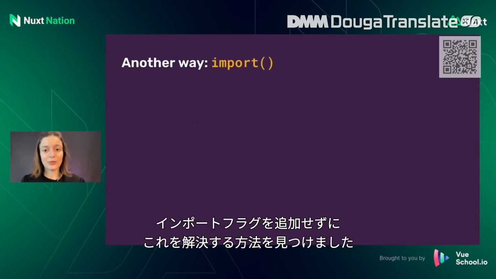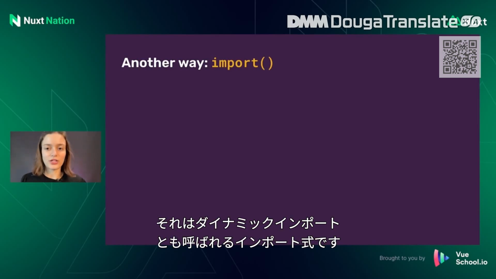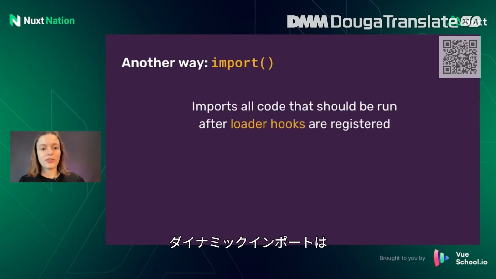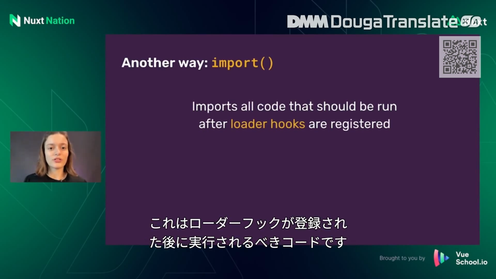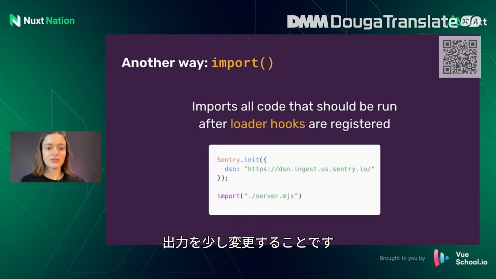So I was able to find a way to solve this without having users add the import flag, and that's the import expression, which is also called dynamic import. The dynamic import imports all the code that should be run after the loader hooks are registered. So what I did is build a rollup plugin that changes your output a little bit.